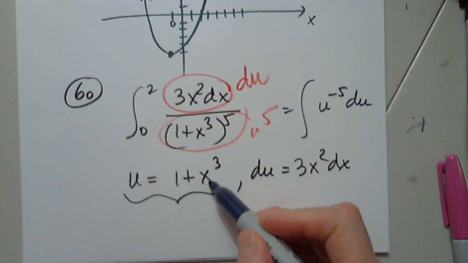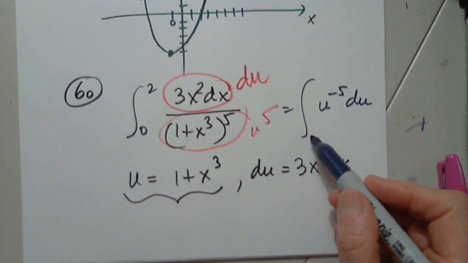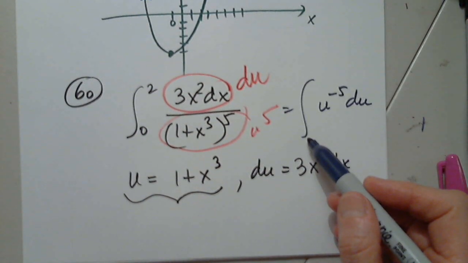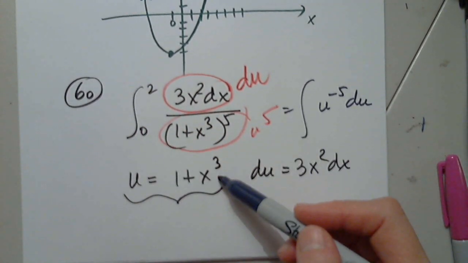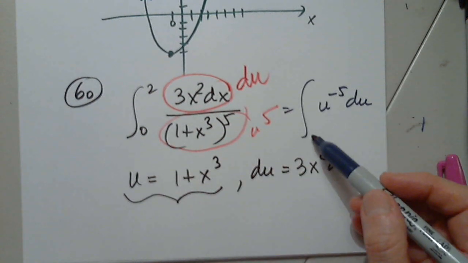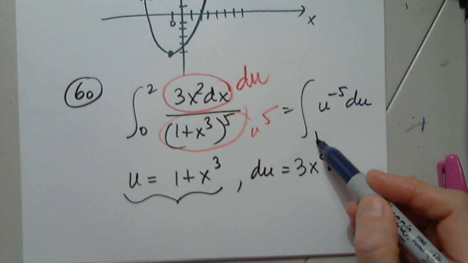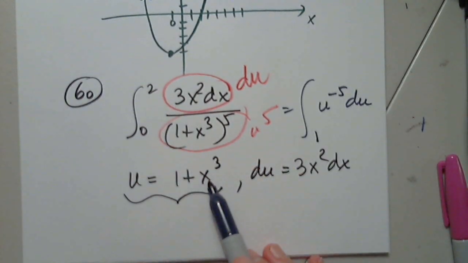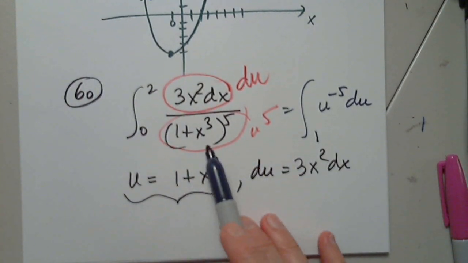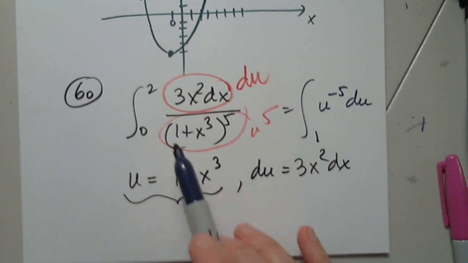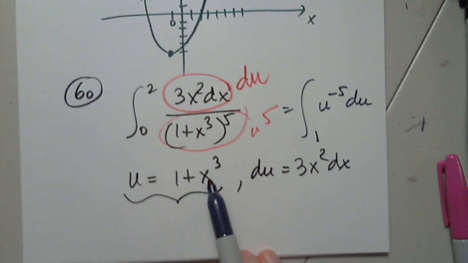When x is 0, what is the lower limit for u? 1. Perfect. When x is 2, what is the upper limit for u?